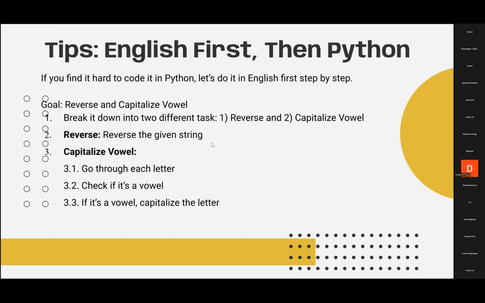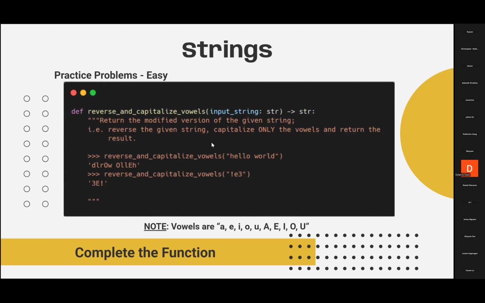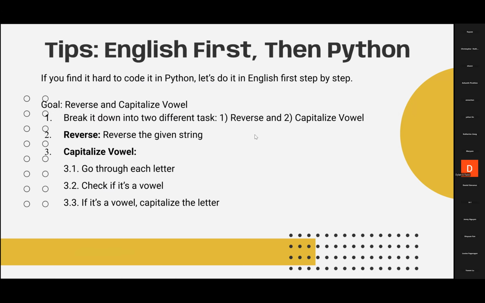So let's see the function docstring. The docstring is: return the modified version of the given string, reverse the given string and capitalize only the vowels, and return the result. So we have two goals here. The first one is to reverse, and the second one is to capitalize the vowels.